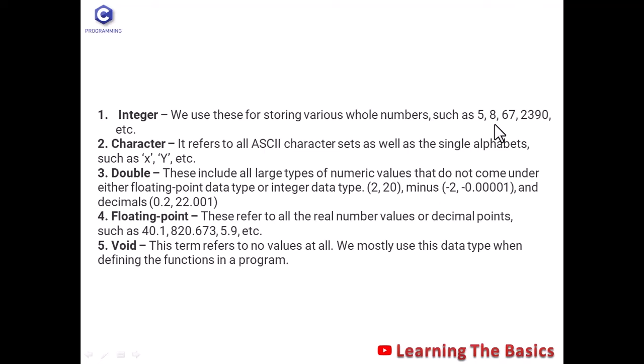The floating point refers to all real number values with decimal points such as 40.1, 820.673, 5.9, etc. The void data type refers to no value at all. We mostly use this data type when defining functions in our program.